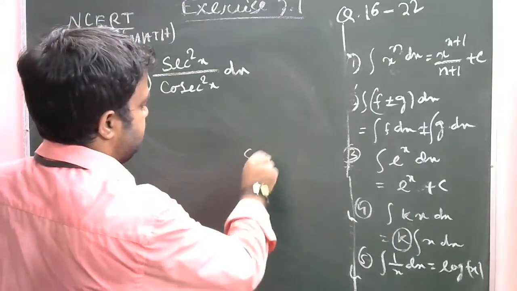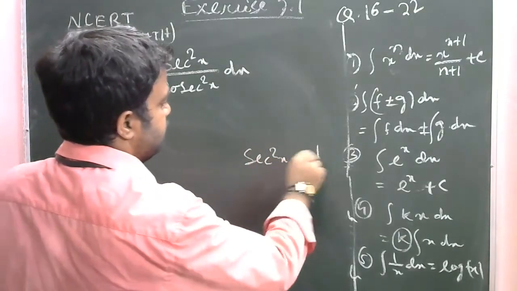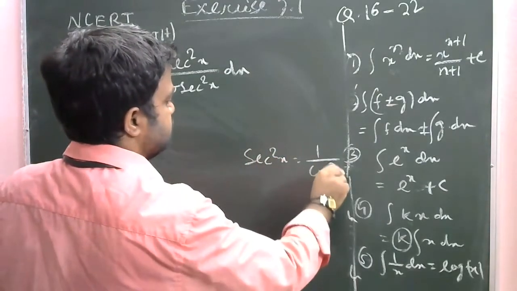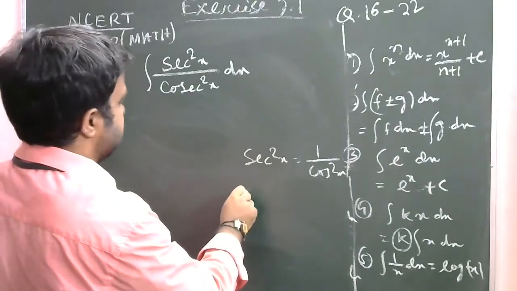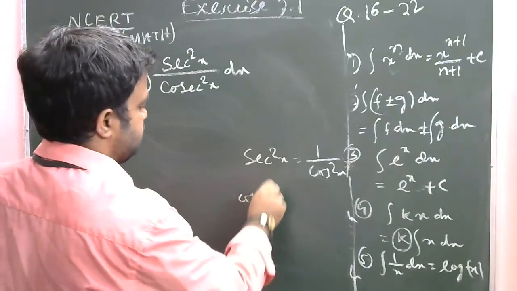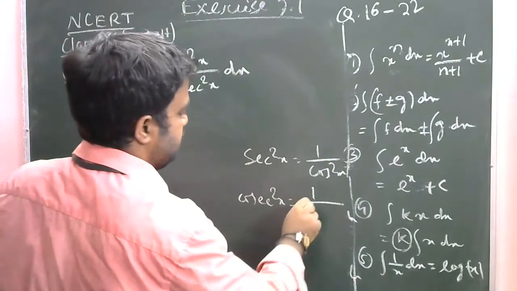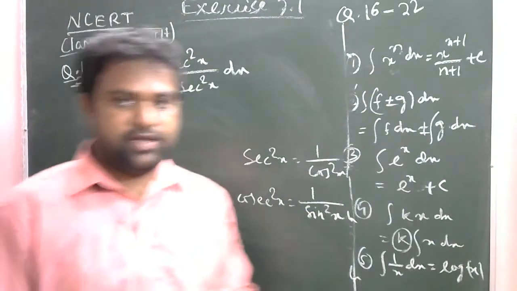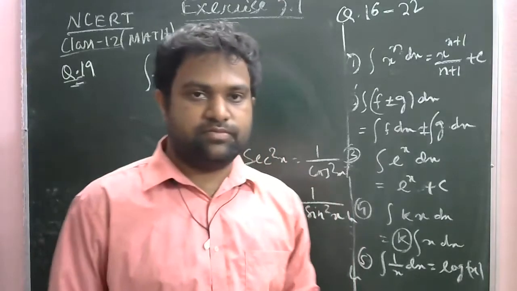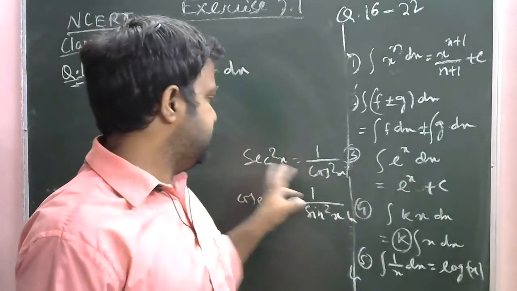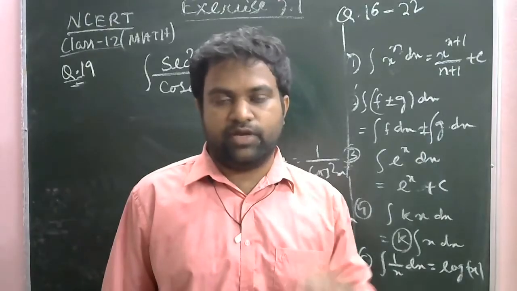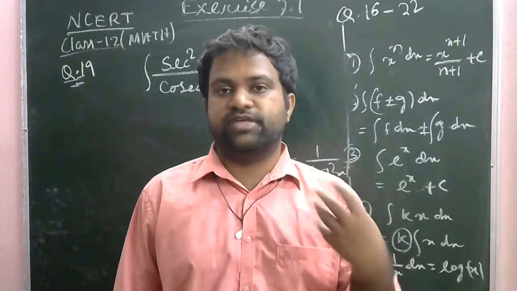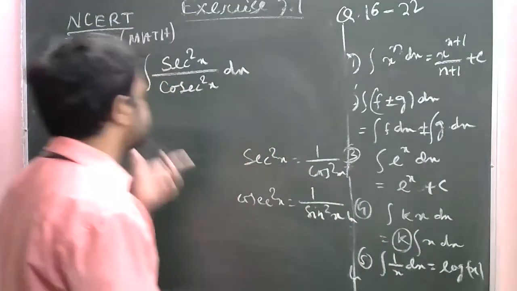We know that sec square x is equal to 1 upon cos square x, and we also know cosec square x is equal to 1 upon sin square x. Sin and cosec are reciprocals, and sec and cos are reciprocals. 1 upon cos is sec, 1 upon sin is cosec, that you know.